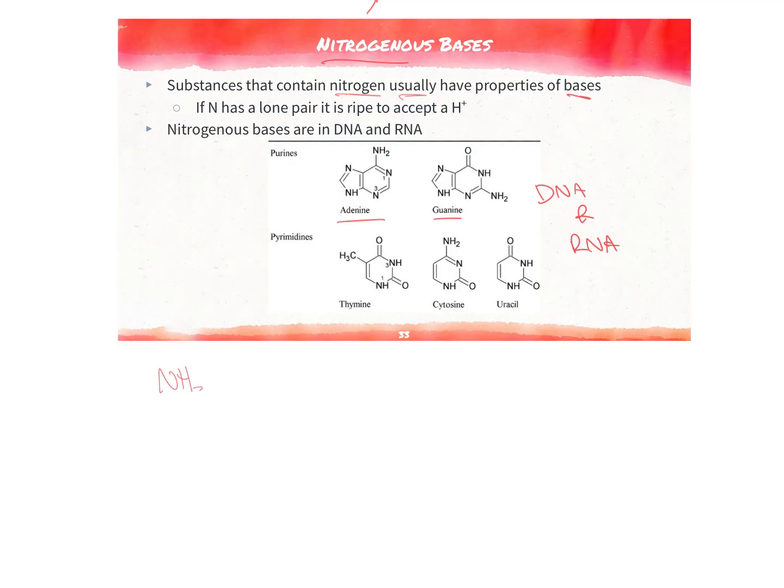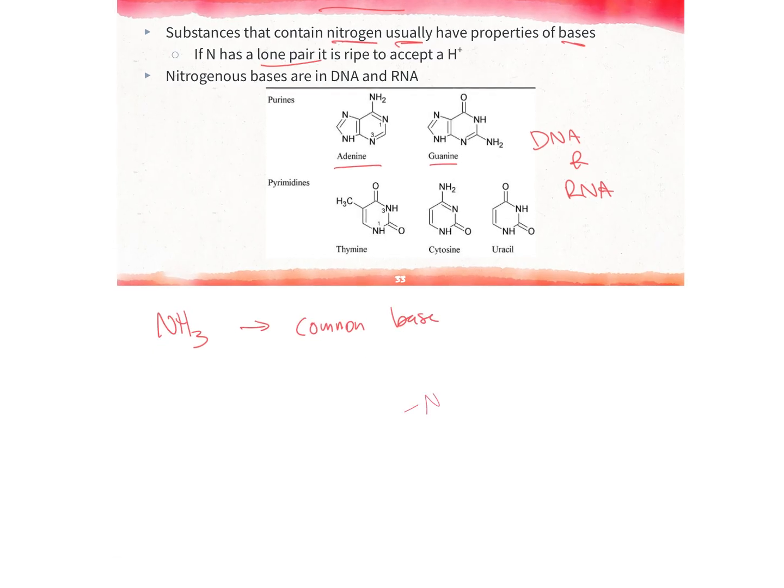Right, NH3. This is a common base. And the reason why is it has a lone pair, right? If you draw out NH3, and we can talk a little bit more about Lewis structures in class as a refresher, right? It has that lone pair. This can essentially take a proton from an acid, and it'll make NH4 plus.